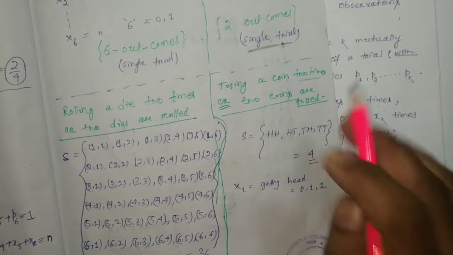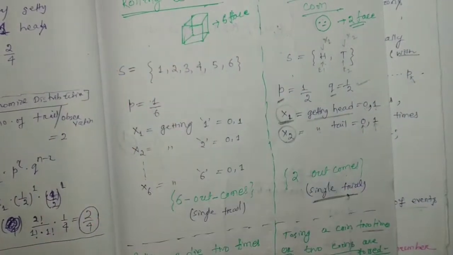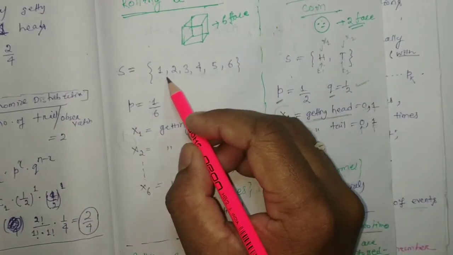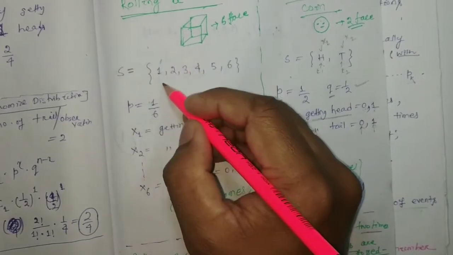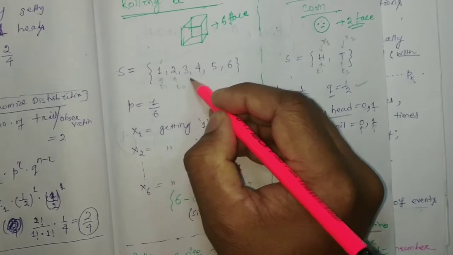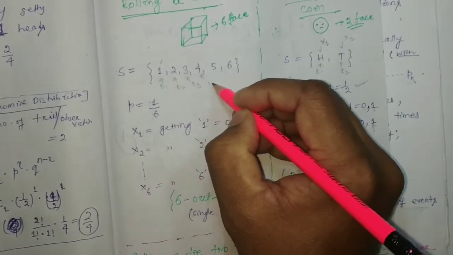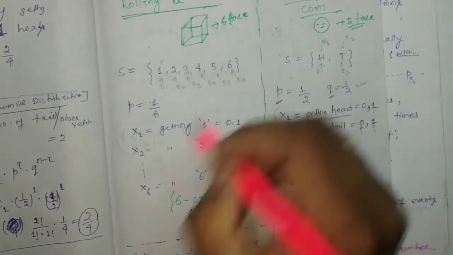Before that, here you can see rolling a die. Whenever I roll one die, the possible exhaustive outcomes are these. These are called your E1 as 1, E2 as 2, E3 as 3, E4, E5, E6, like that.